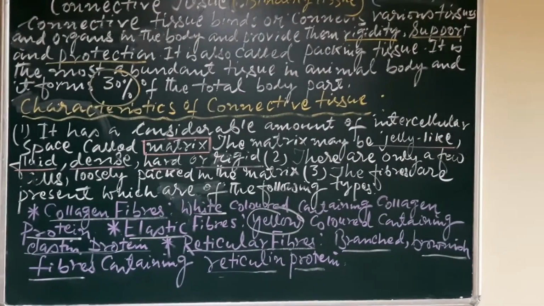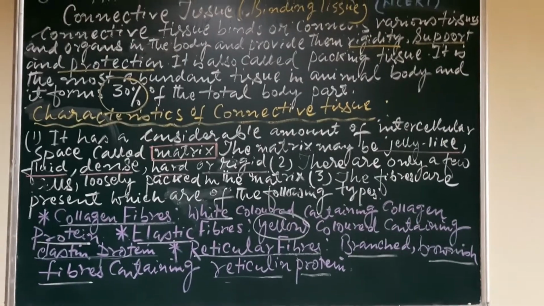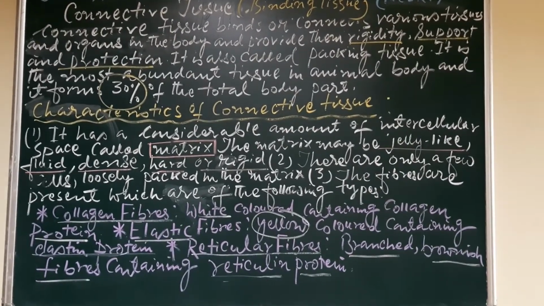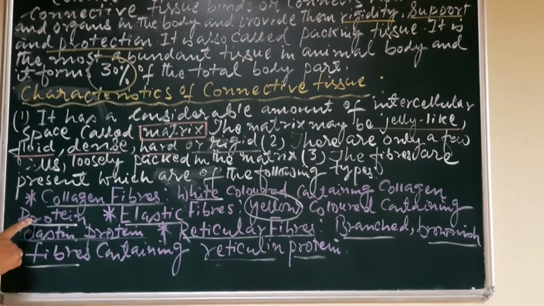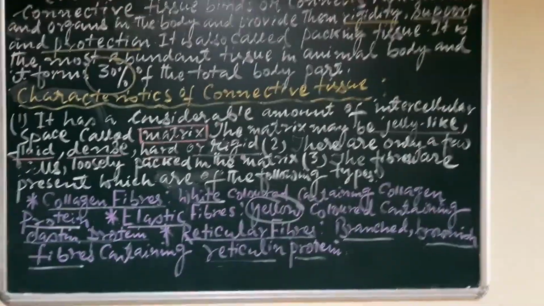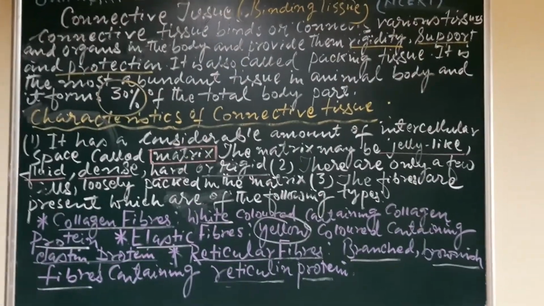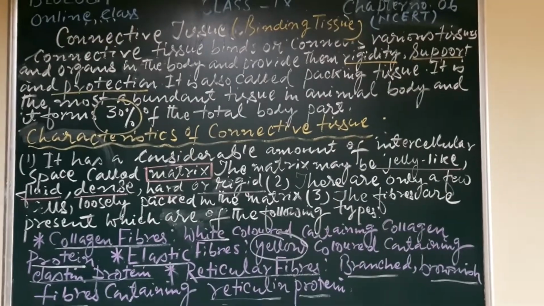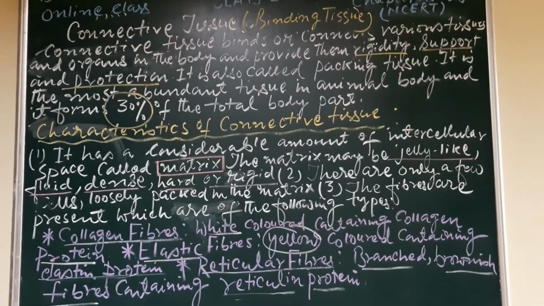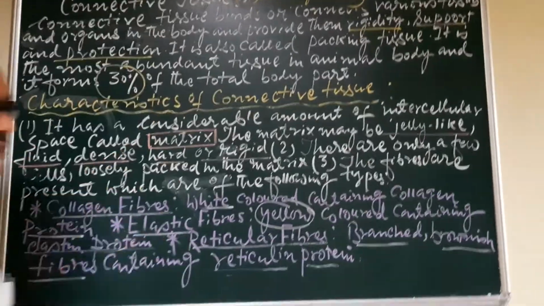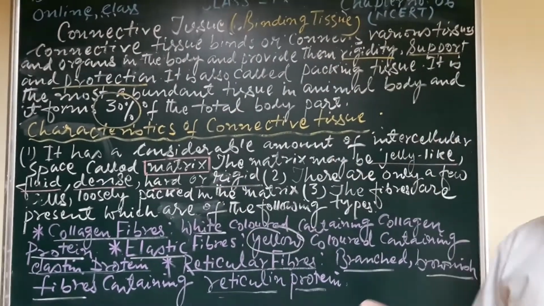That means there are three different types of fibers, and in all three there are three different types of protein, as you have seen here. So this is the basic structure of a connective tissue. More or less you see this type of structure in the different types of connective tissue.